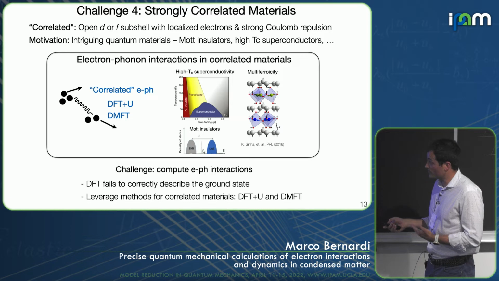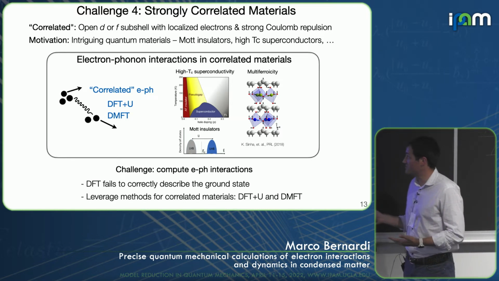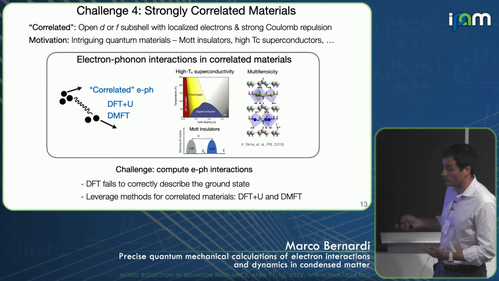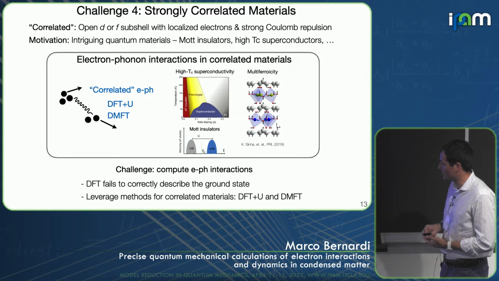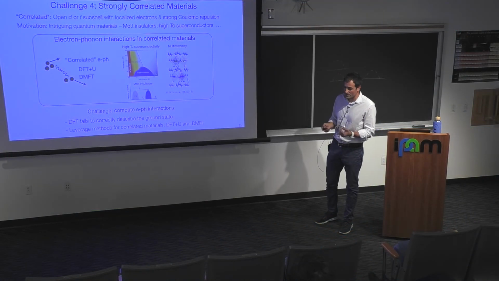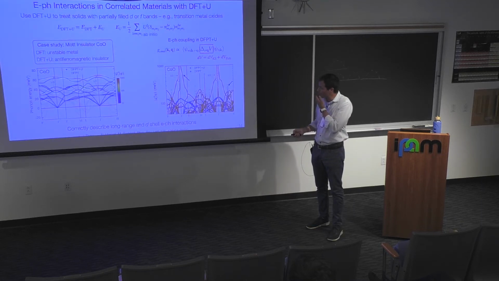Again, the reason for studying these materials is that these are probably some of the most intriguing systems. They can be Mott insulators, high-temperature superconductors, multiferroics. So obviously, adapting these theories to work for these systems could provide quantitative insight into their physics.